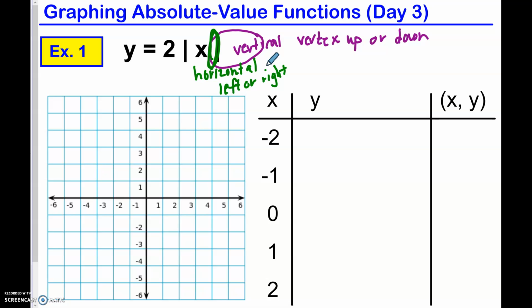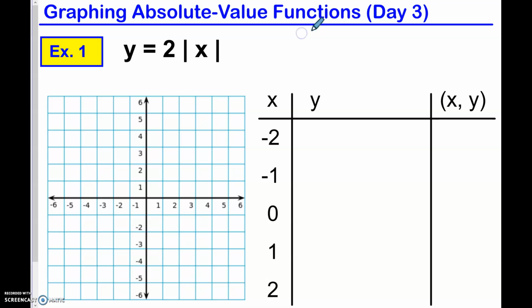Now if you look here in this first example for today, we have a number in front of x, and how does that affect it? Well, let's think back to y equals mx plus b.